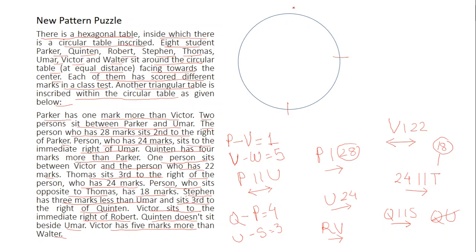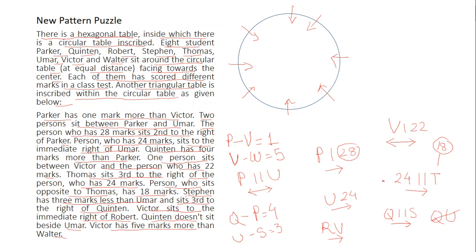draw the lines. 8 students need to be seated at a circular table and they are all facing towards the center. Which conditions should we take? As we can see, U has 24 to its right, and 24 has T to its right. These two conditions are interlinked, and T is opposite 18 marks.